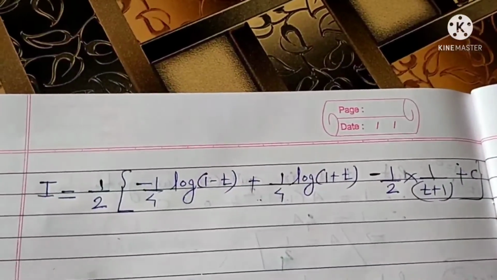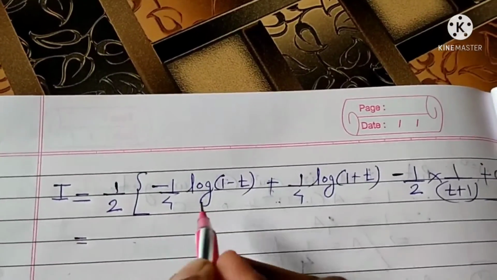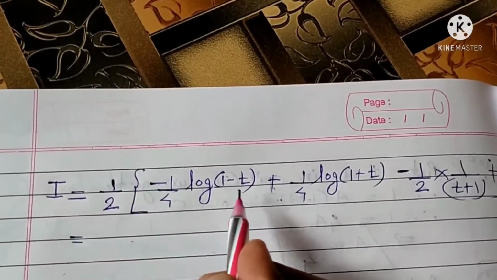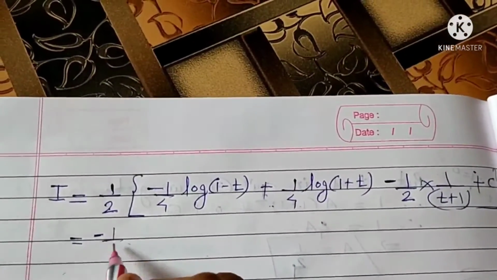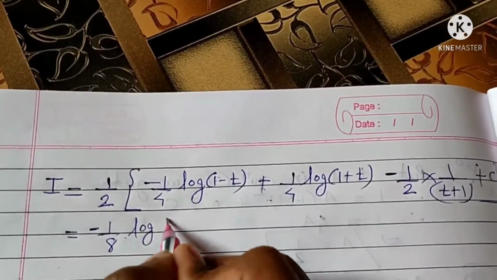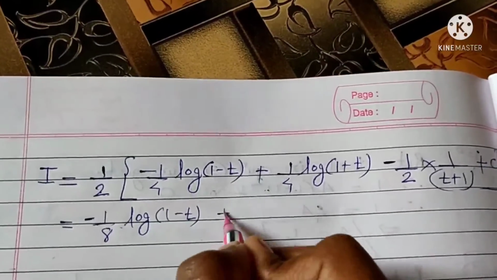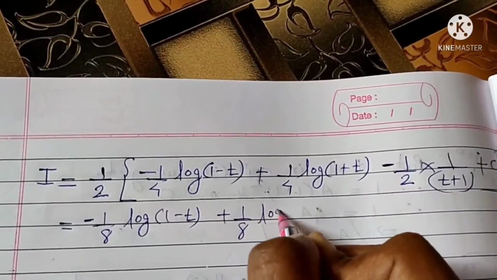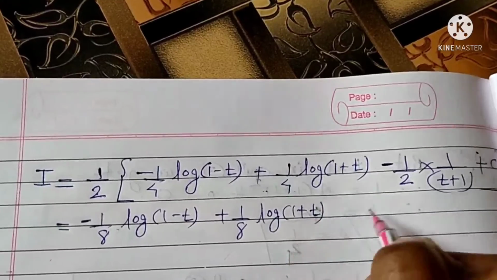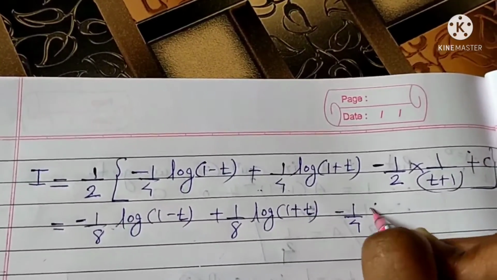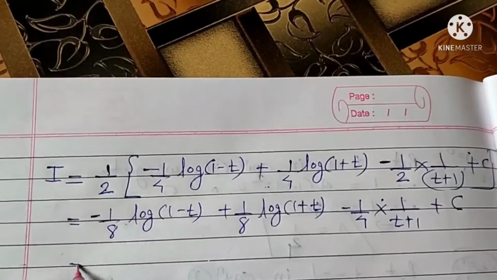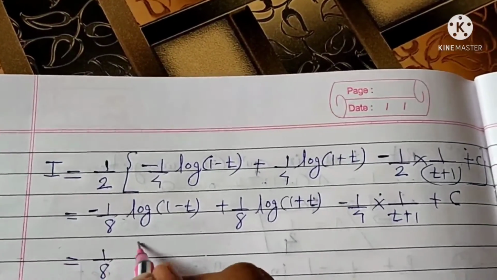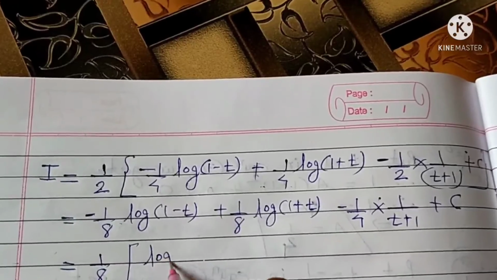So this is our next step. Now multiply by 2 in this bracket. So it is −1/8 log(1−t) + 1/8 log(1+t) − 1/4 times 1 upon (t+1) + c. Okay, now take 1/8 common.